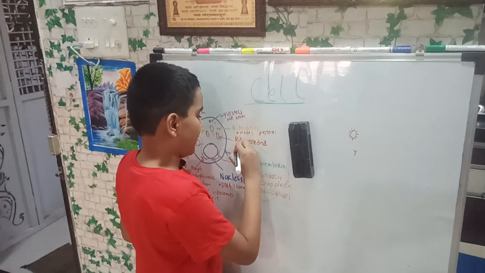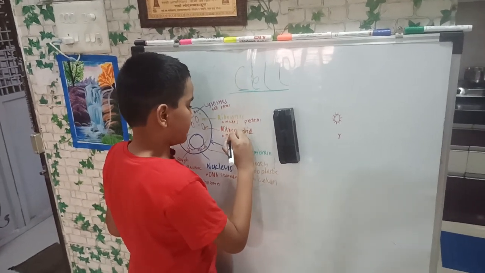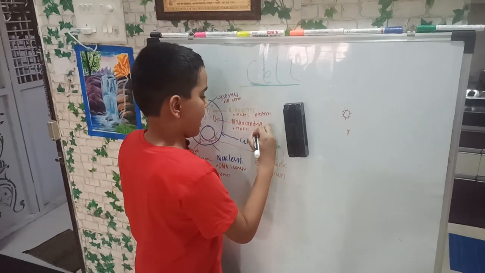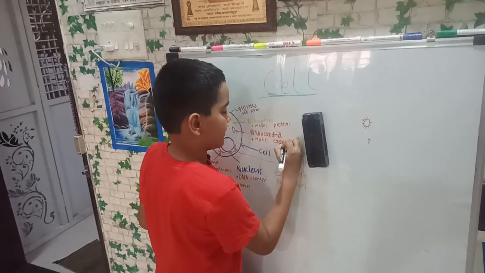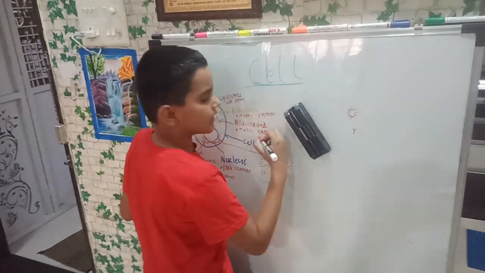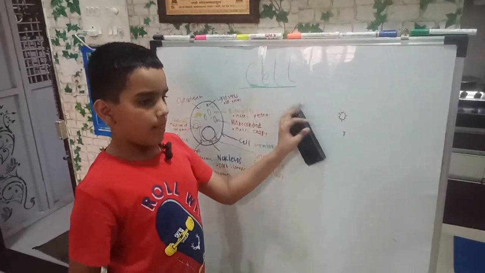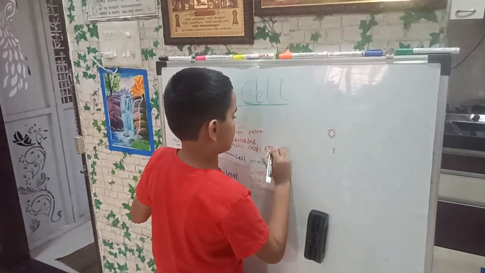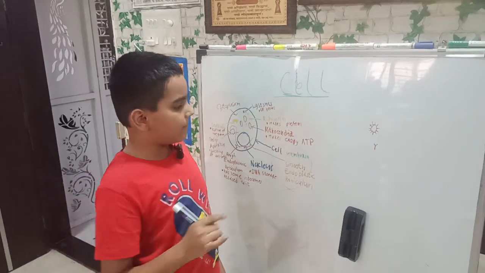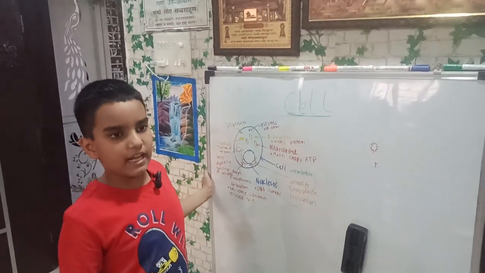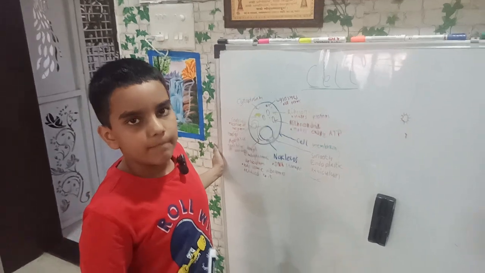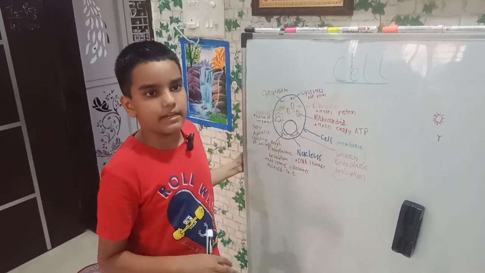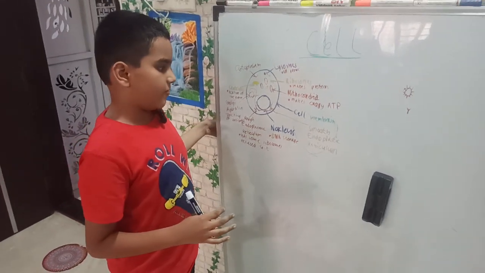And next is mitochondria. It makes energy for the cell itself, like ATP. I may make a separate video on ATP and the full form I will explain in another video.